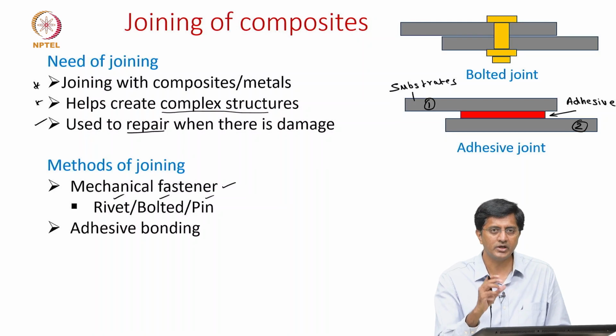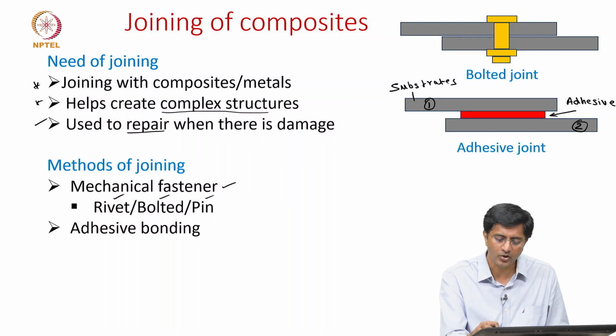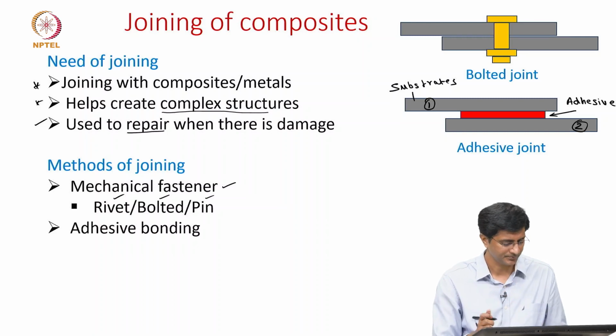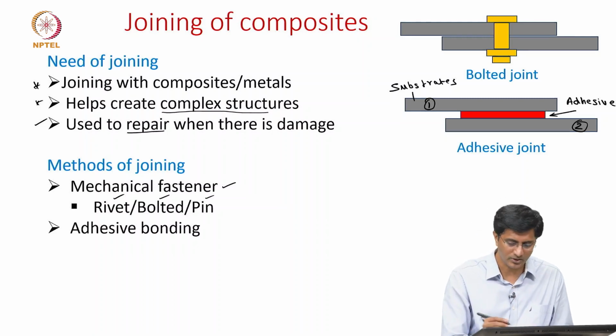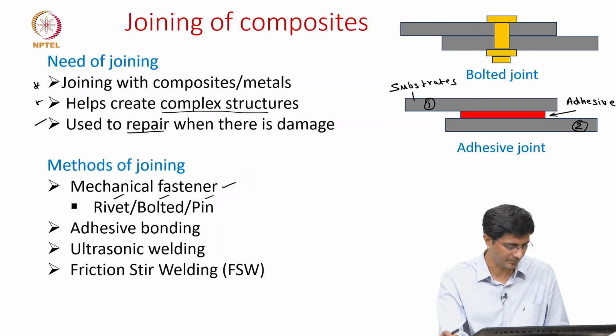Adhesive is most often a polymer based material, and the very commonly used structural adhesive is epoxy. This is a material which bonds both these substrates together and gives strength, so it resists either deformation or failure of this bond. We'll discuss more about it later, but let's also see what the other methods of joining are.